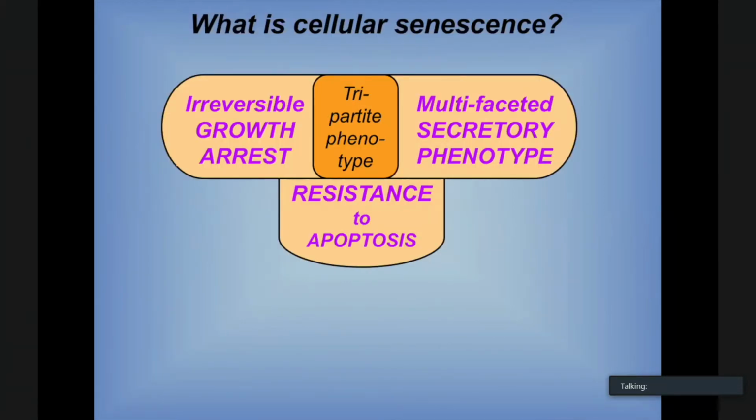So the first is that the phenotype of senescence is tripartite, meaning there are 3 modules. They often go together, but they can be dissociated from each other.